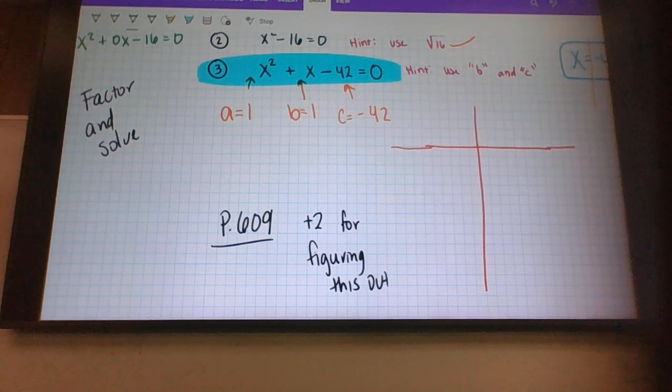Basically, you start multiplying numbers, or you multiply... Here, look.